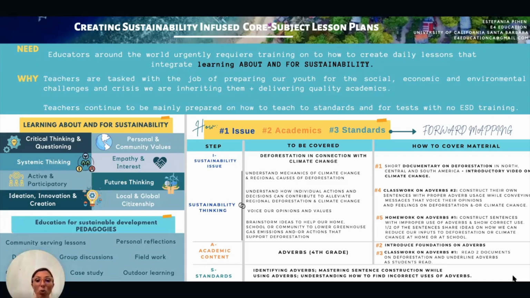Now, it's very important to highlight that this specific teacher had very little knowledge and understanding on the connection between both deforestation and climate change, and had very little knowledge on the mechanics of climate change. So it was very important for her to bring these opportunities so the students will be learning about these two sustainability issues with her. So she was positioning herself as a co-learner, which was really powerful.